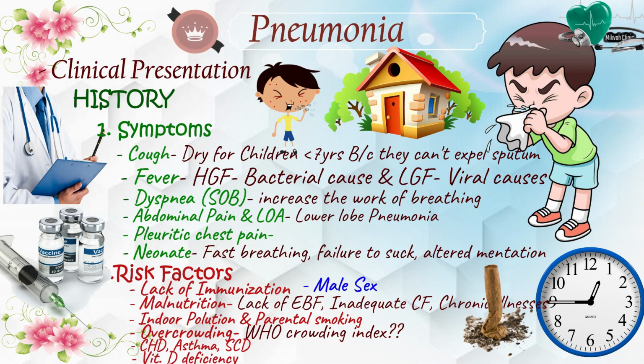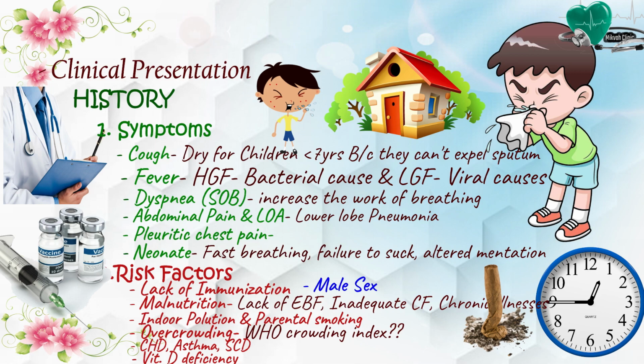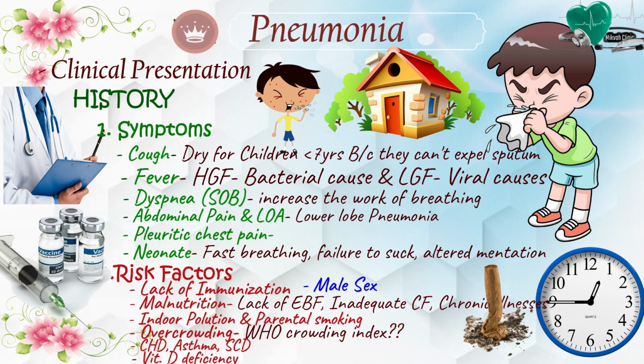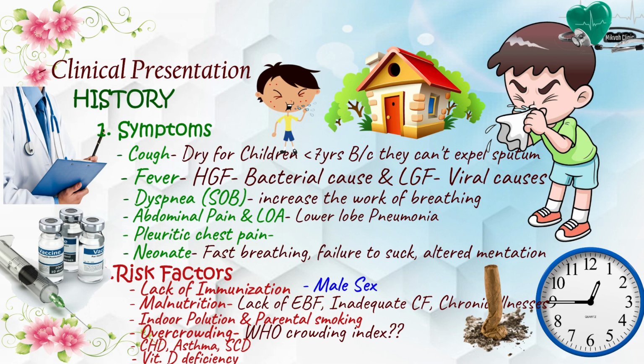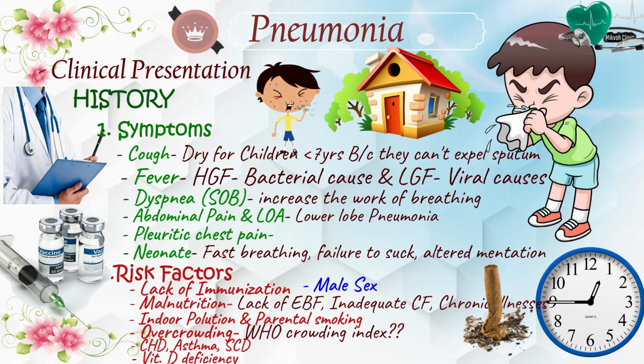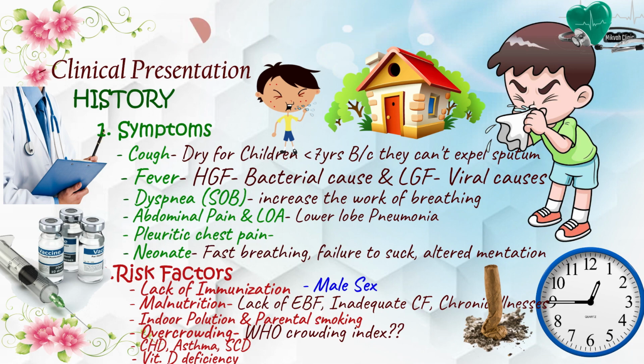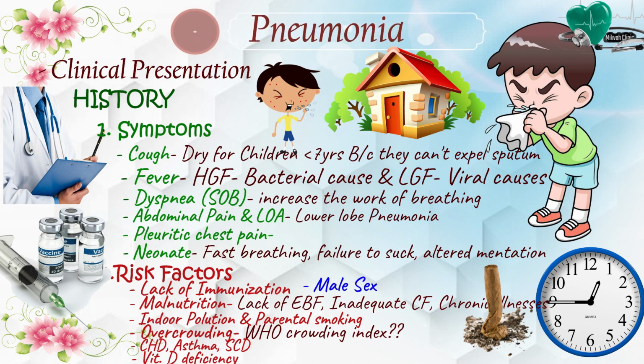The other thing is vitamin D deficiency, because vitamin D is very important for healthy epithelium. As I've mentioned, healthy epithelium is very important for protection of the respiratory tract from infection. So how do we assess vitamin D deficiency? The most important thing is assessing the sunshine exposure of the child, whether he is exposed or not.